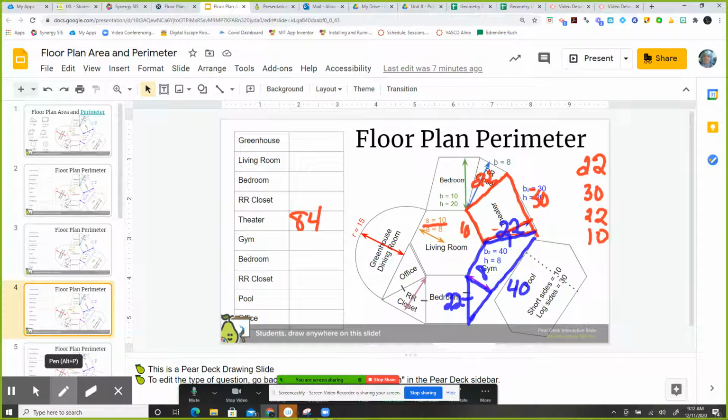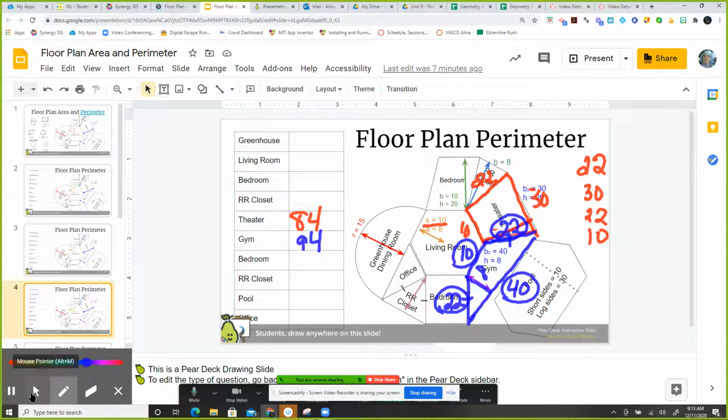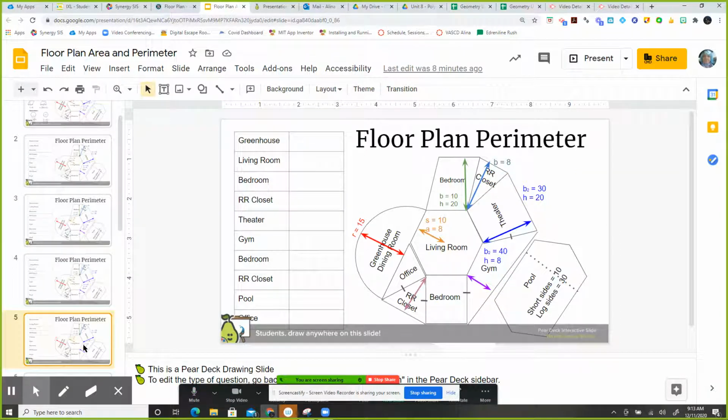And then what's the top of my trapezoid, the B1? 10, awesome, because that's still that regular hexagon. So when I add these up, 22 plus 10 plus 22 plus 40, what do I get? 94. Perfect. Perimeter, super easy, right? Hopefully this is how you guys did yours.